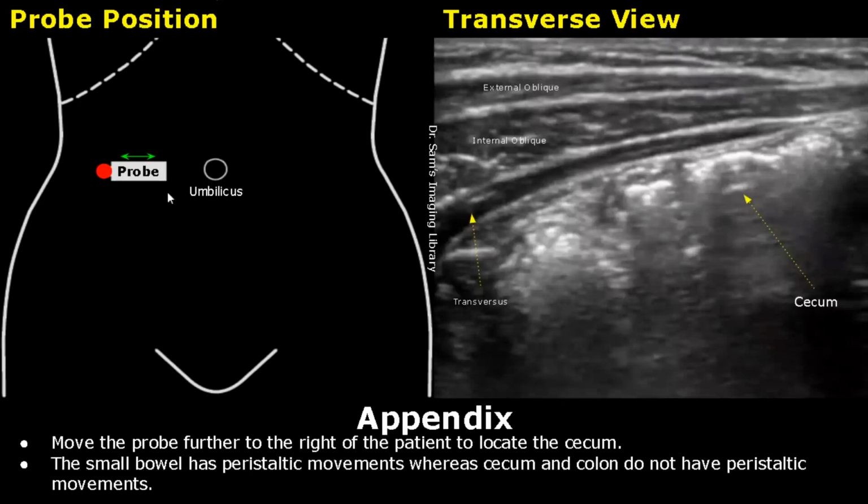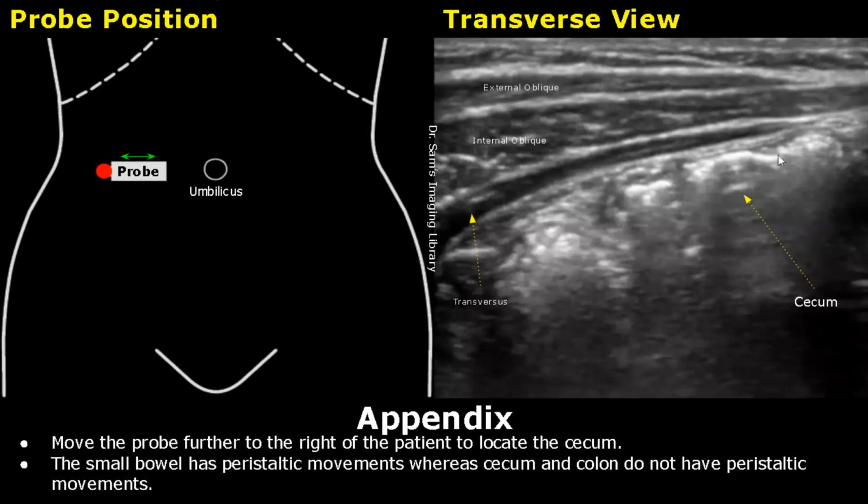Move the probe laterally to the right of the patient to locate the cecum. Here we can see the abdominal muscles in cross section, the external oblique, internal oblique, and transversus muscles. And below these muscles we can see the cecum.